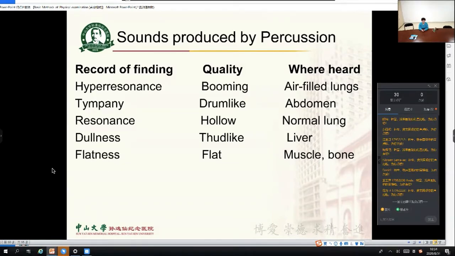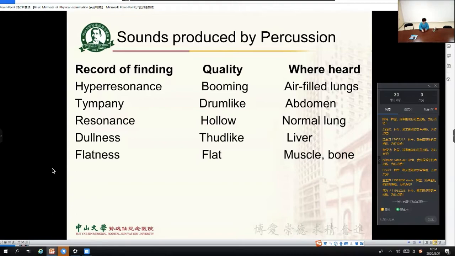If we do the indirect percussion on the upper left quadrant of the abdomen, we may be able to pick up tympany, such as the drum-like note of the abdomen, where your stomach is located. There is some air contained in the abdomen, in the stomach. So we may be able to pick up tympany.